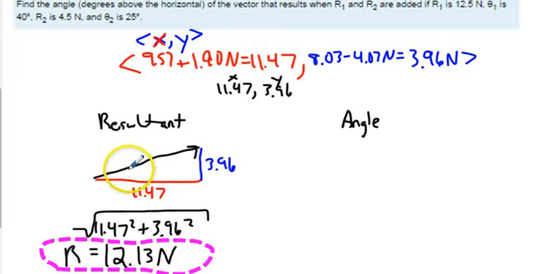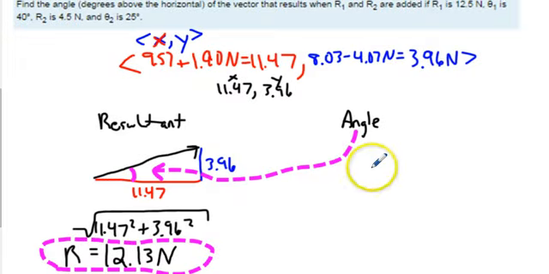resultant vector. Now the other thing that I was asked to solve for was the angle. I'm not going to redraw this, but you can see that here's the angle. That's a simple matter of just doing a little bit of trig, and since we have the opposite side and the adjacent side from that angle, we're going to do inverse tangent.